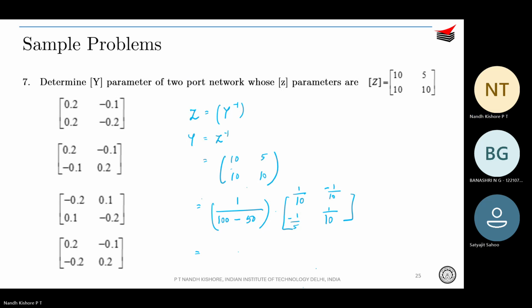Correct? So you'll be getting 1 by 50 into 0.1, 0.1, and minus 0.1 and minus 0.2.